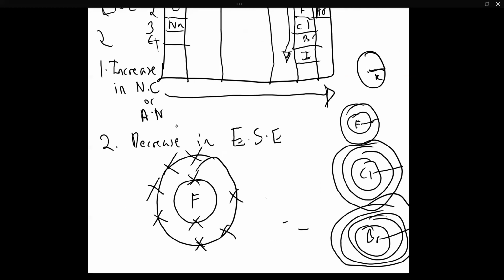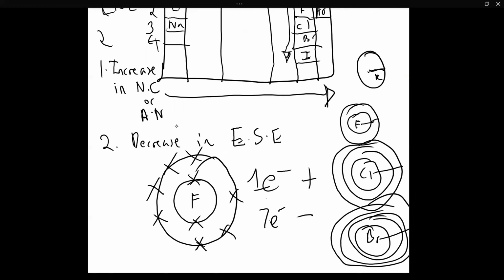Now, fluorine also has two options. If it wants to become stable, it can either gain 1 electron, because then it will have 8 in the outer shell, and that means a full shell. That means stability. Or it can lose 7 electrons.